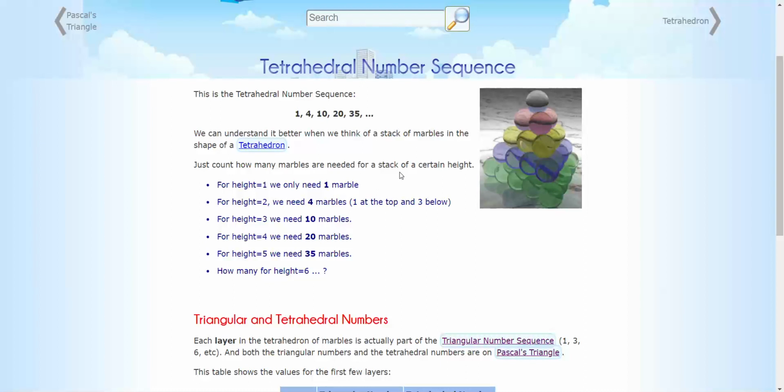Count how many marbles are needed for a stack of a certain height. For one marble, we need 4 marbles. Oh, interesting. I think architectural folks would find this quite interesting. To build something of height 2, you need 4 marbles: 1 at the top and 3 below.